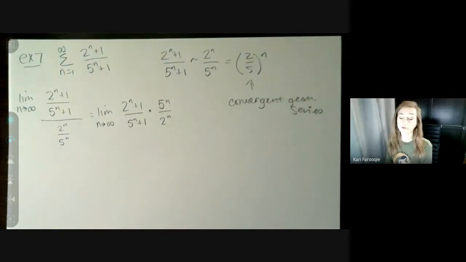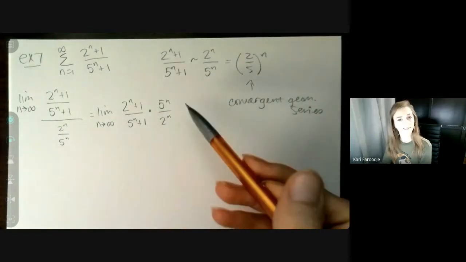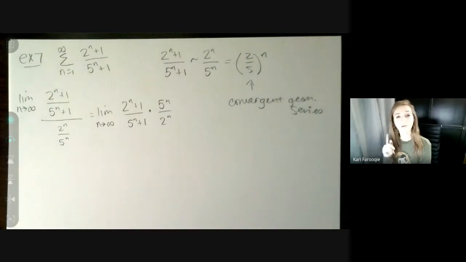And I want you to be very, very careful here, because what tends to happen with a problem like this is students say, oh, well, 2 to the n in the numerator, 2 to the n in the denominator, and they cancel them out. Remember, though, you can't cancel between terms.